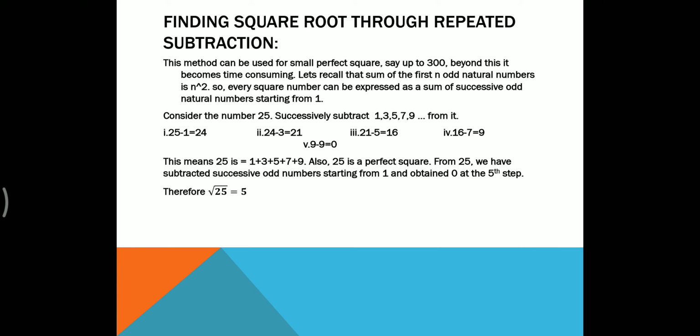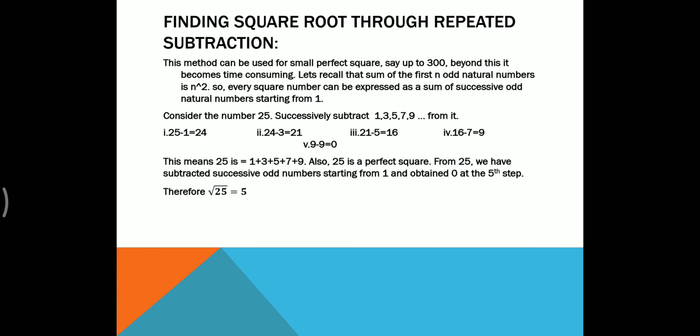Also, 25 is a perfect square. Now we can see from 25 we have subtracted successive odd numbers. The successive odd numbers, we start from 1 and obtain 0 at the fifth step.